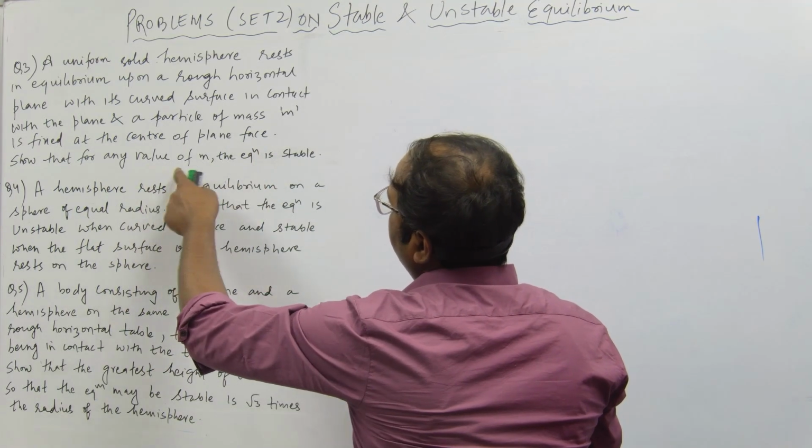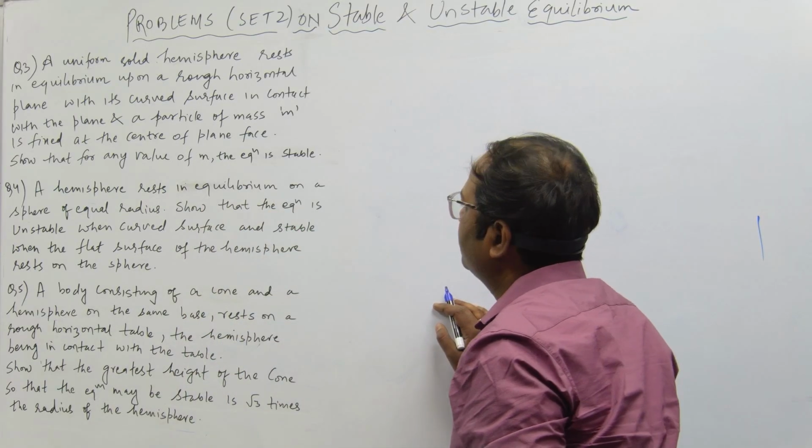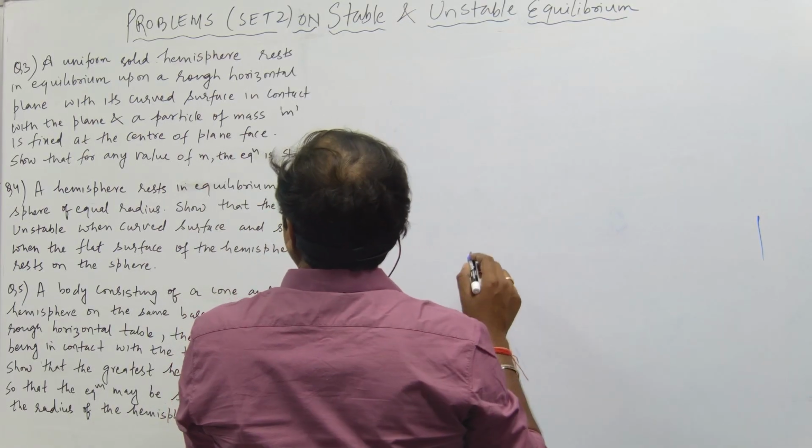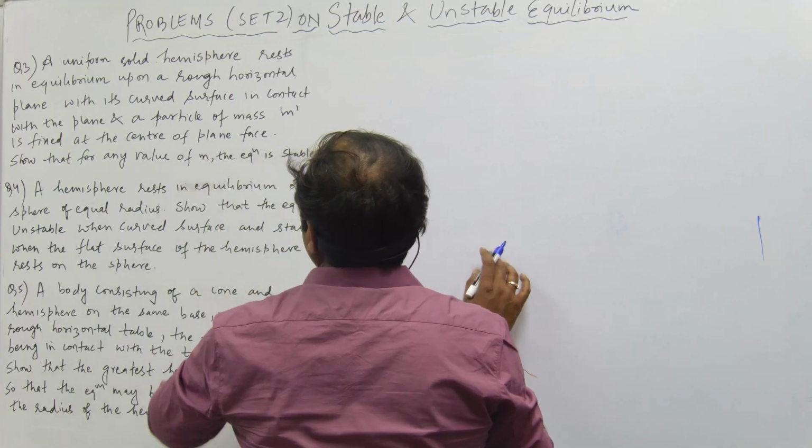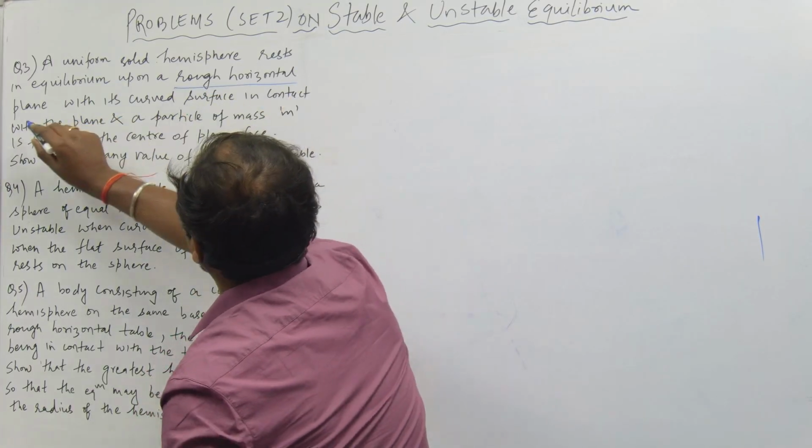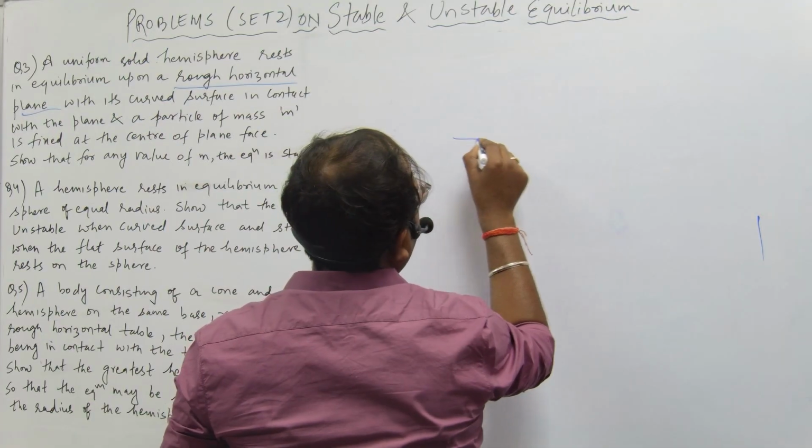Show that for any value of m the equilibrium is stable. Let us draw a rough horizontal plane.